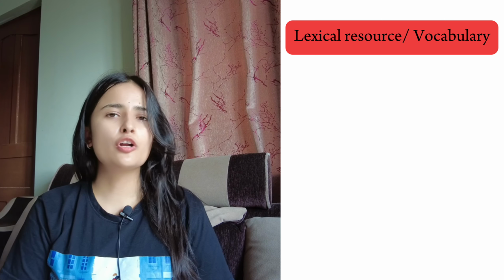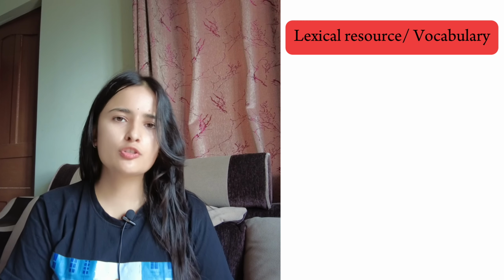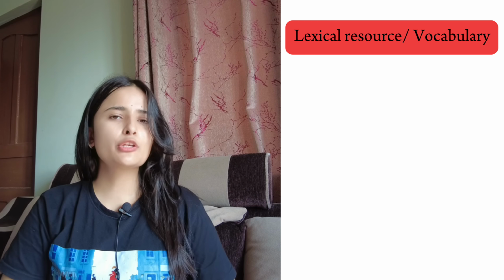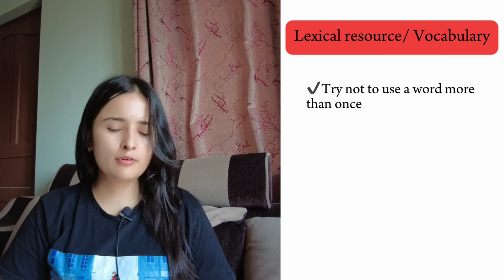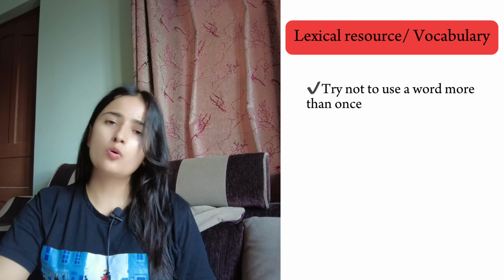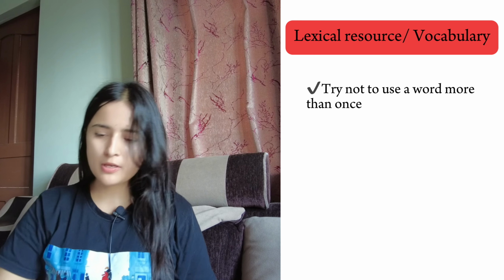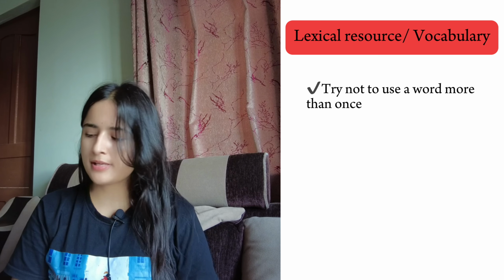Now let's move on to the third rubric criteria, which is lexical resource or vocabulary. You should be using a wide range of vocabulary. Don't use one word more than once in writing or describing the data. Use synonyms as much as possible.